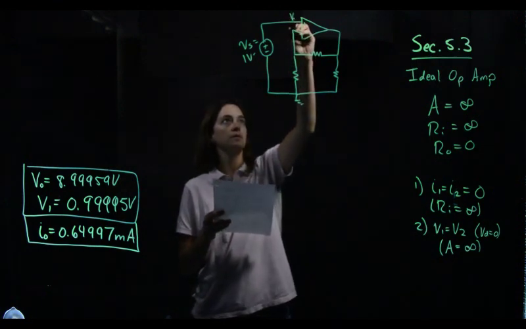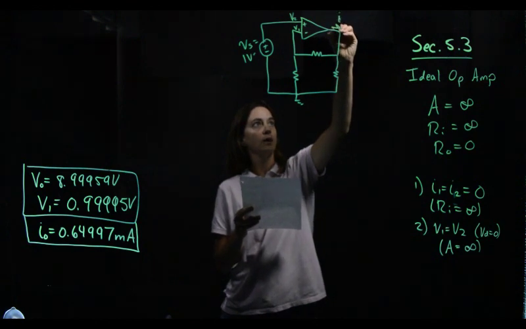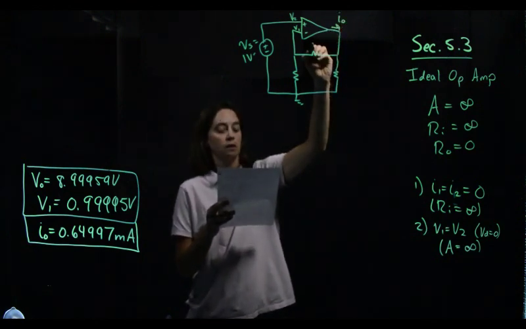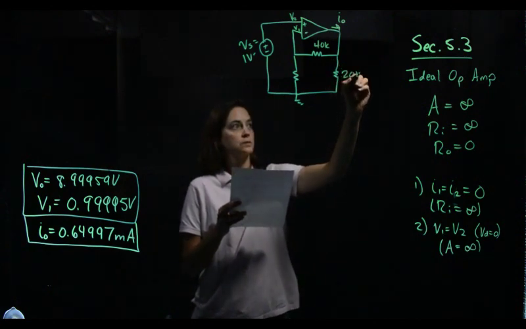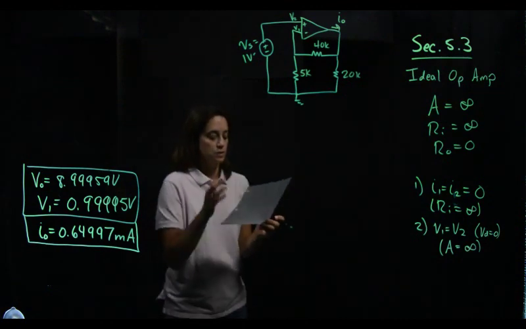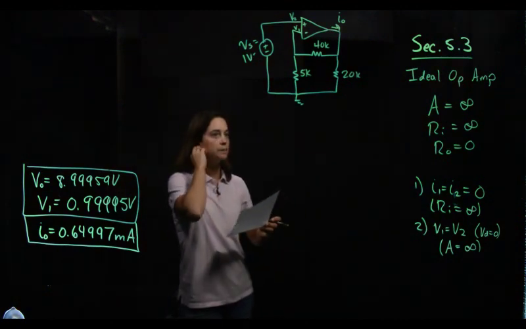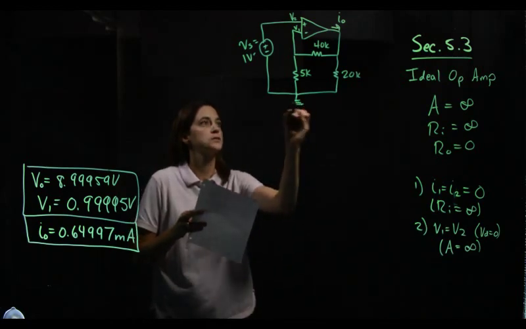We're going to label this V2 and this V1. We had an output current IO and a 40K, 20K, and 5K. So the book's going to show this first way to do this problem, and then I'm going to show you an even faster way.